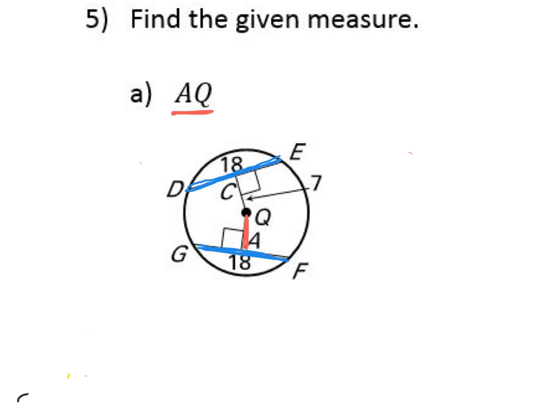Now, as I stated above in that theorem, since these two chords are congruent, 18 and 18, they must be equidistant from the center of my circle, from point Q. So these two segments in red, they're perpendicular to the chords. So they're telling me that's the distance from the chord to the center of my circle. And this one up above is 7, C to Q. So that means A to Q must also be 7.